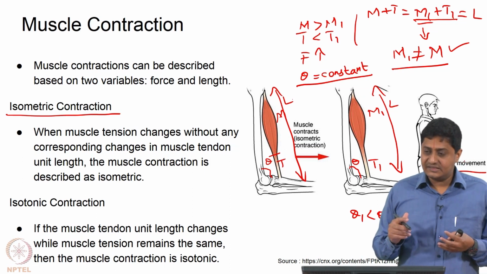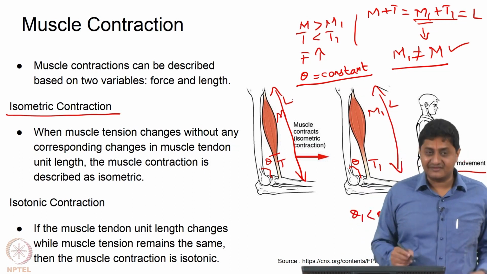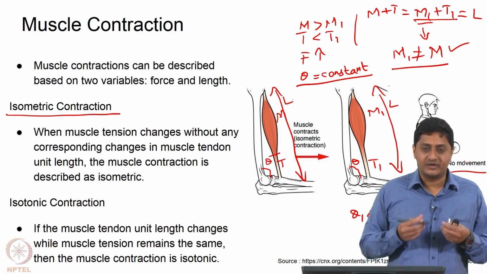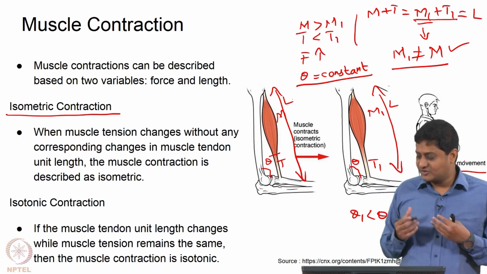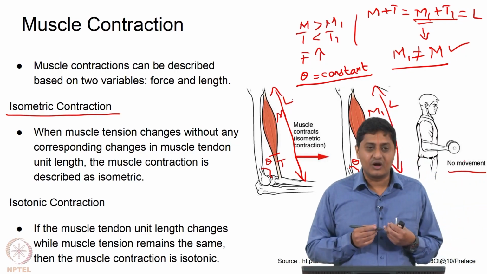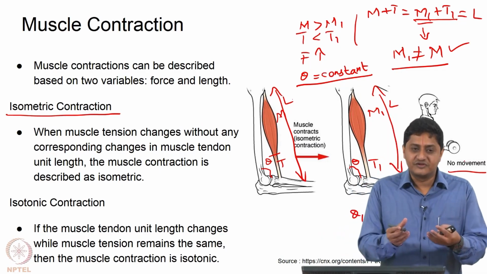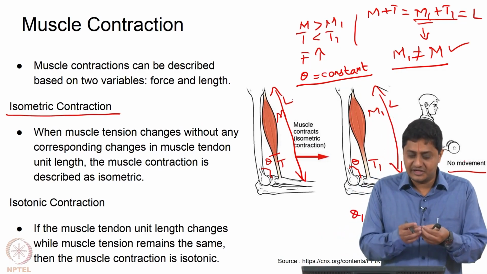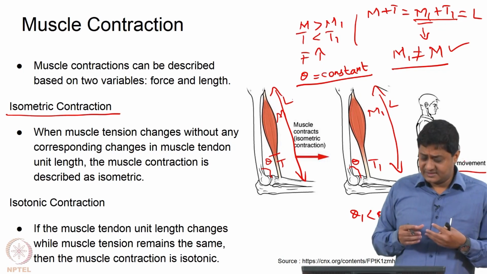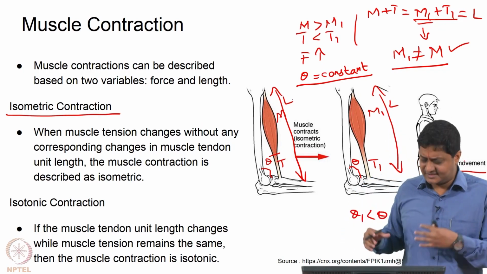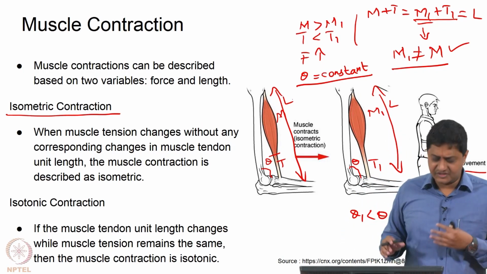The force produced can also be called tension or tone in the muscle. It is a misnomer. Sometimes people wrongly refer to it as tone, which refers to some amount of tension in the muscle. Traditionally this terminology continues in this field.